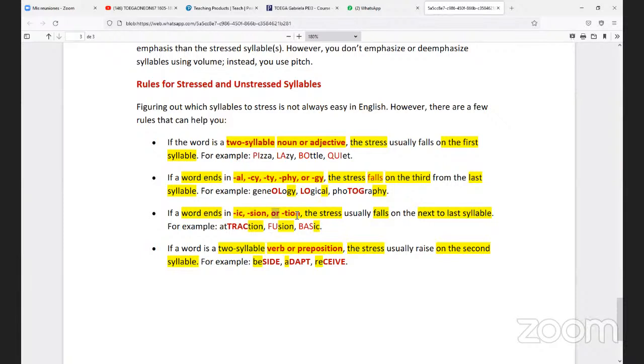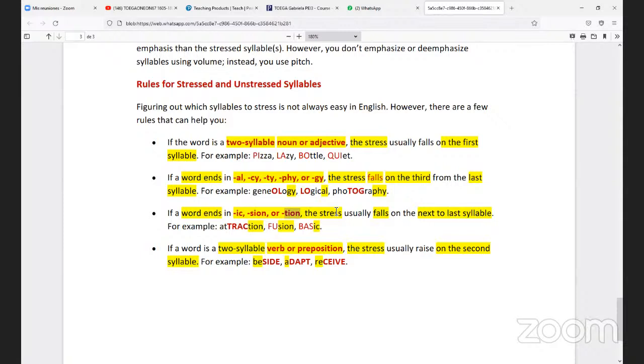Here with or, there are not many words ending in or. I can't remember any word with or. Ancient. Temptation. Yeah, great, perfect, excellent. So that is the thing about these ones.